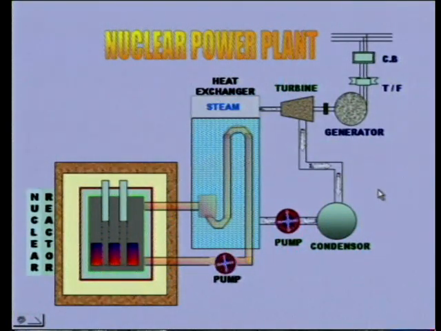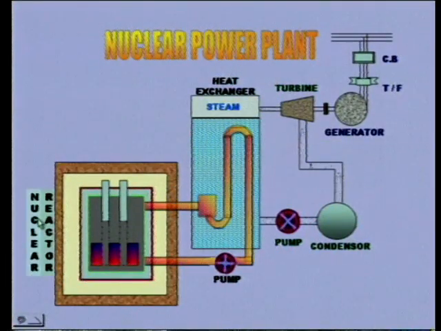Now, let us talk about the nuclear reactor. We are aware that the nuclear reactor is the heart of any nuclear power plant. So, let us go into the details of what is there in a nuclear reactor.